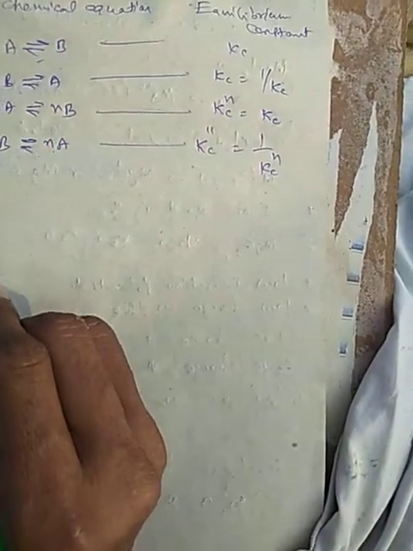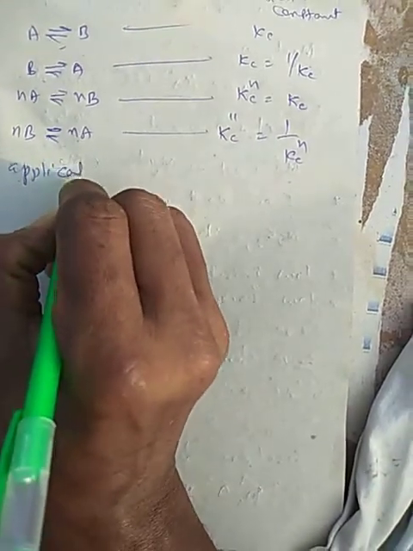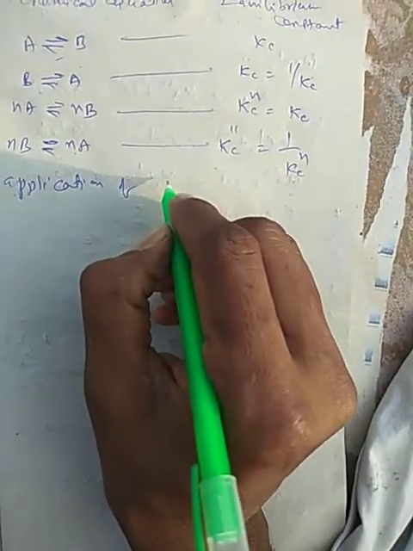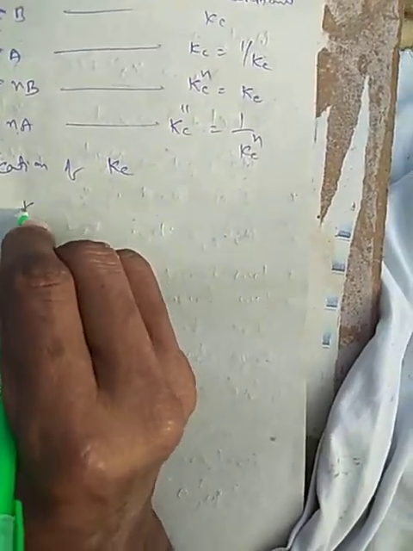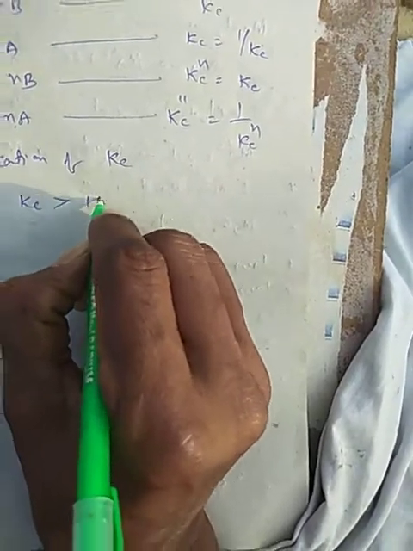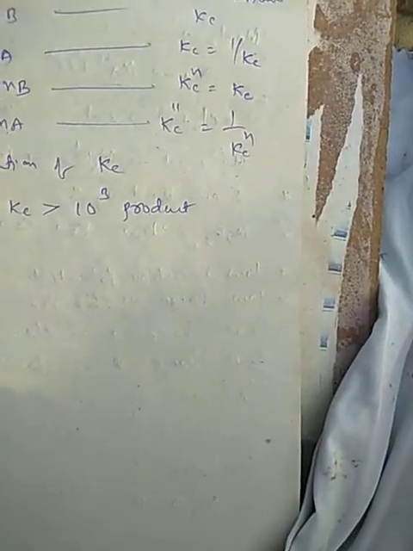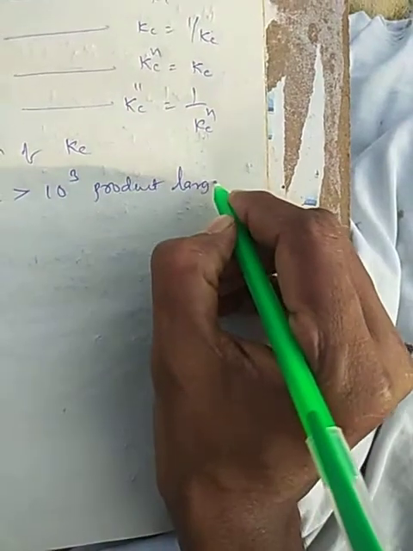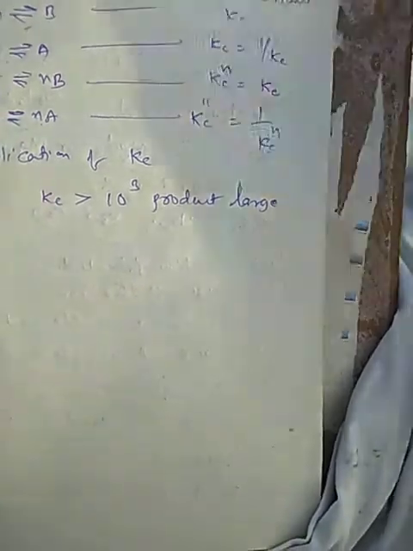Next one, applications of the equilibrium constant Kc. Now if Kc is greater than 10 power 3, the product of the reaction is very large, the reactants proceed to completion.